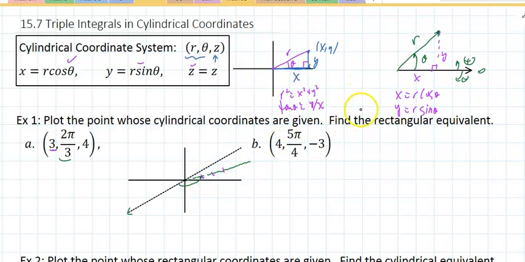That's kind of like me rotating 2 pi over 3, and in that direction moving 1, 2, 3 units. And z is 4. That means you're going to go straight up, 1, 2, 3, 4. And you're right there.